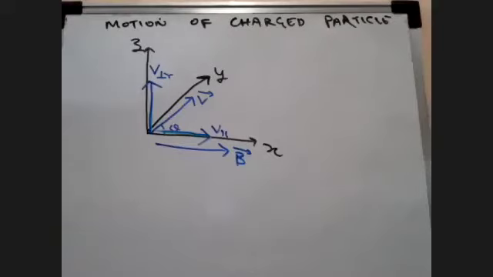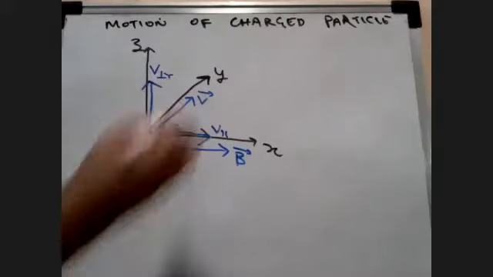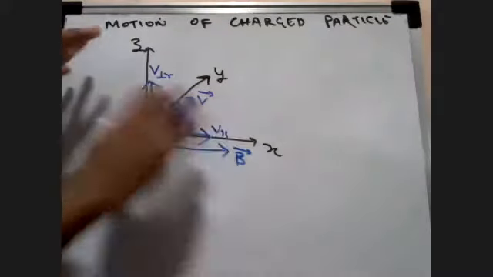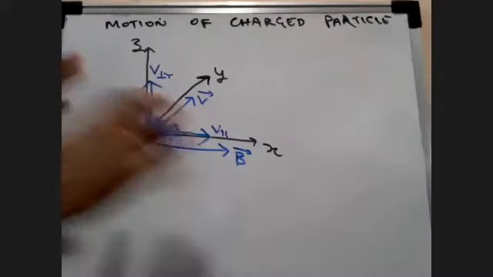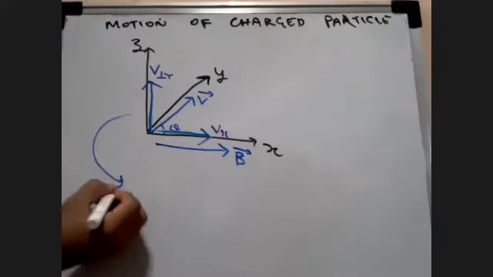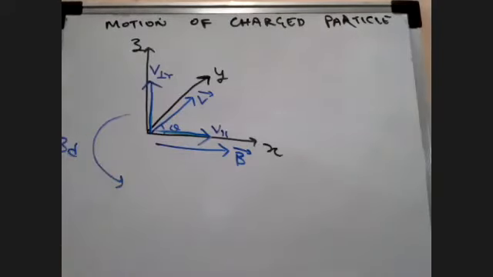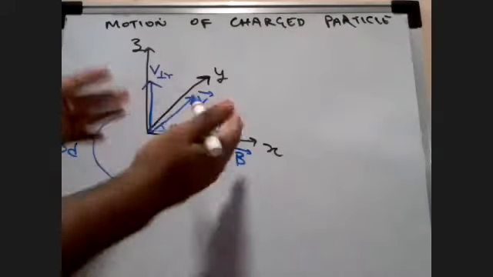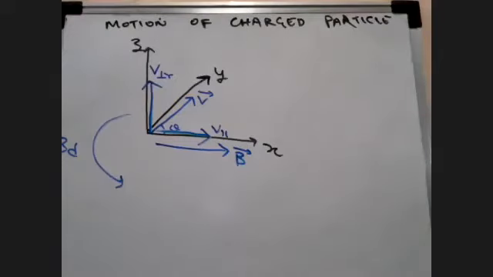Again, we have already studied this, students. Let me try to make this into a three-dimensional view, just by slightly moving the entire system, so it will look like this.